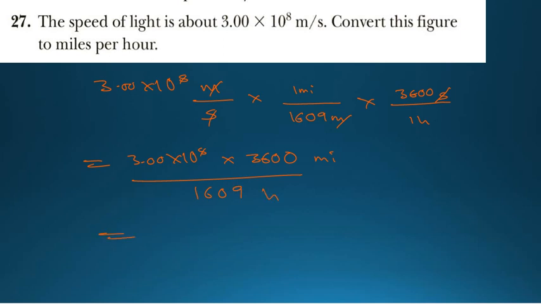You punch this on your calculator, and mine is giving me 6.71 times 10 to the power 8 miles per hour.